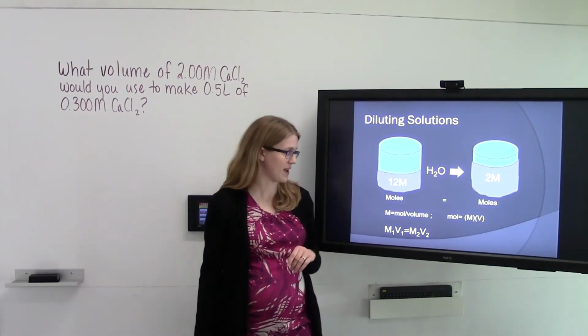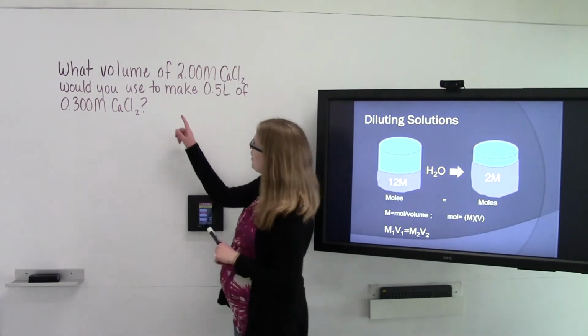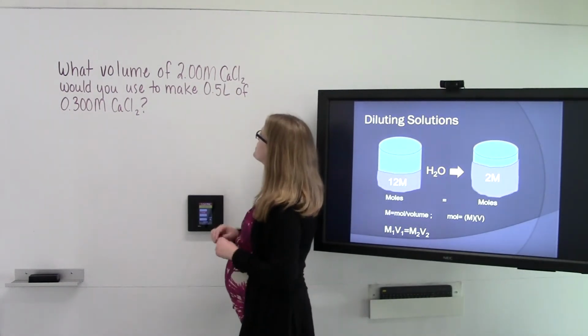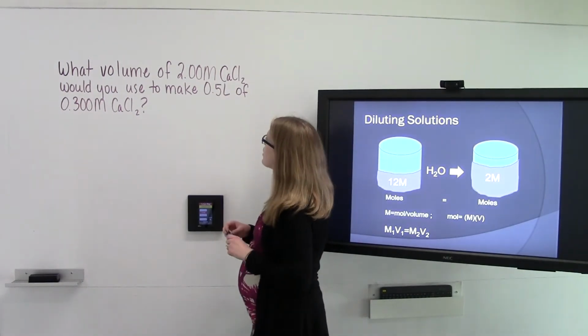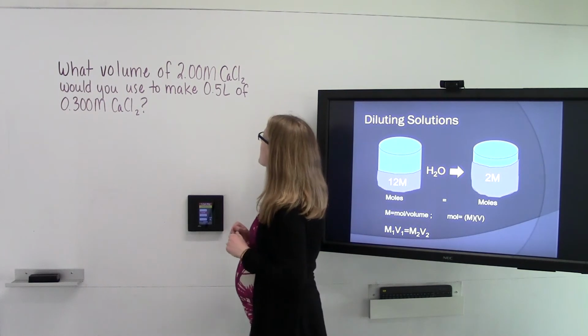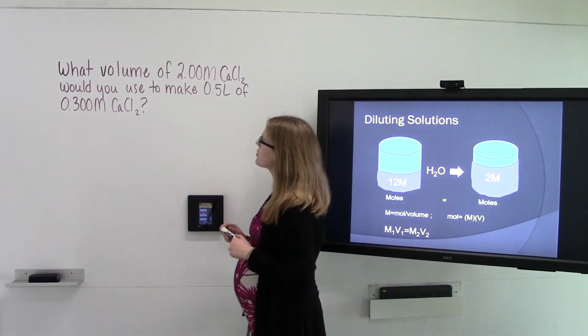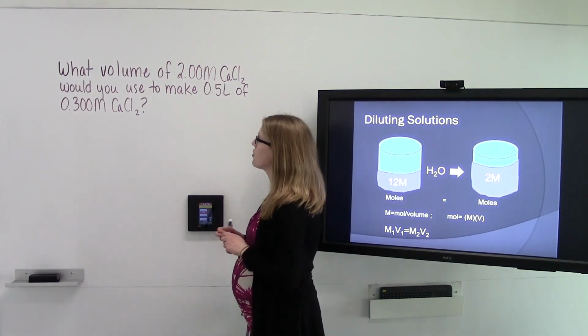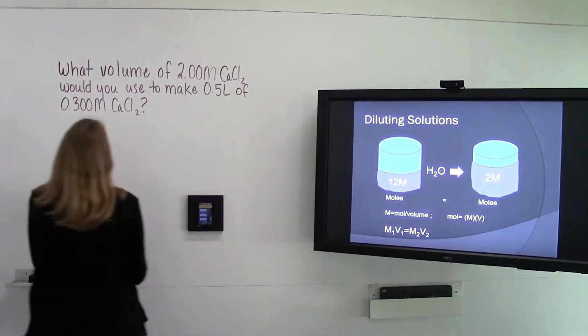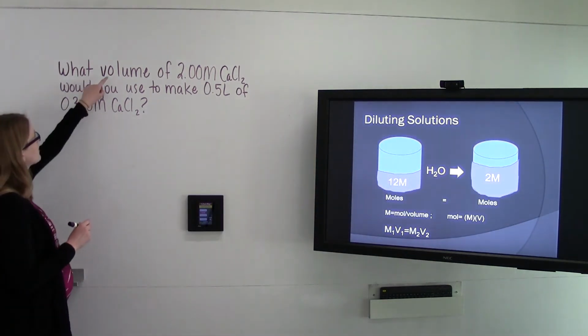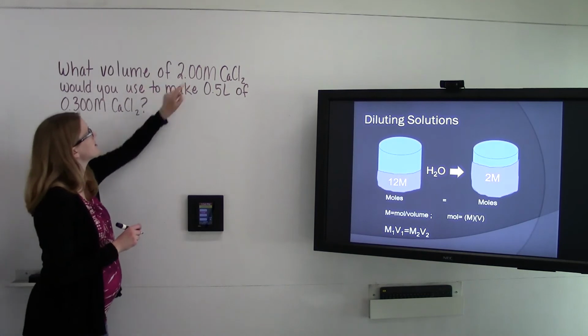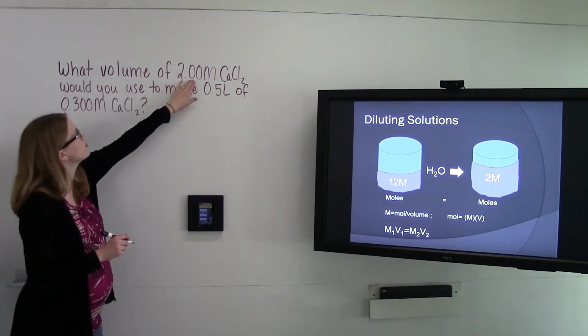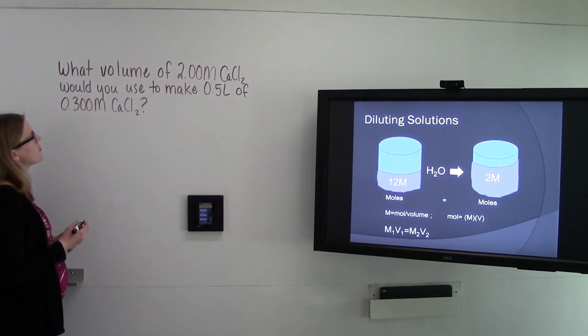So let's see what an example problem might look like. What volume of 2.00 molar calcium chloride would you use to make 0.5 liters of a 0.3 molar solution of calcium chloride? Okay, so let's list out what we've been given. We're trying to figure out what volume of this we'll need. So here's our original concentration.